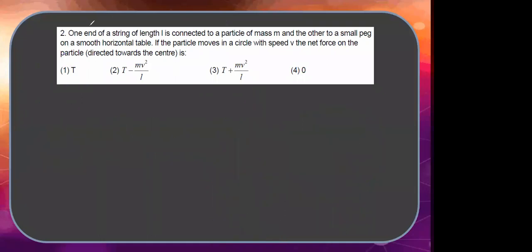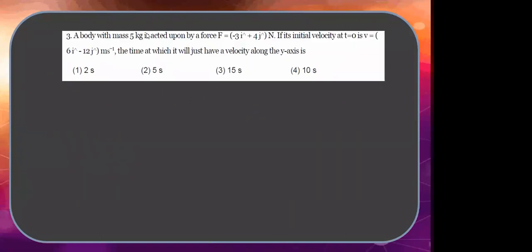Next, what is given: a body with mass 5 kg is acted upon by a force of minus 3i cap plus 4j cap newtons. If its initial velocity at time t equal to 0 is 6i cap minus 12j cap meters per second, then find the time at which it has a velocity only along the y-axis.